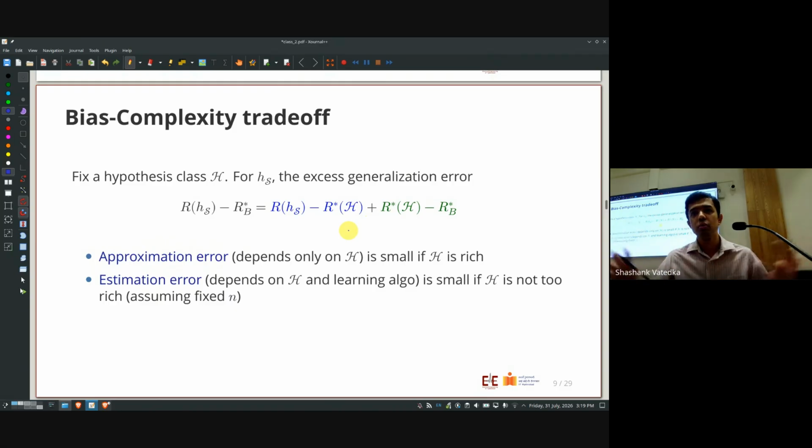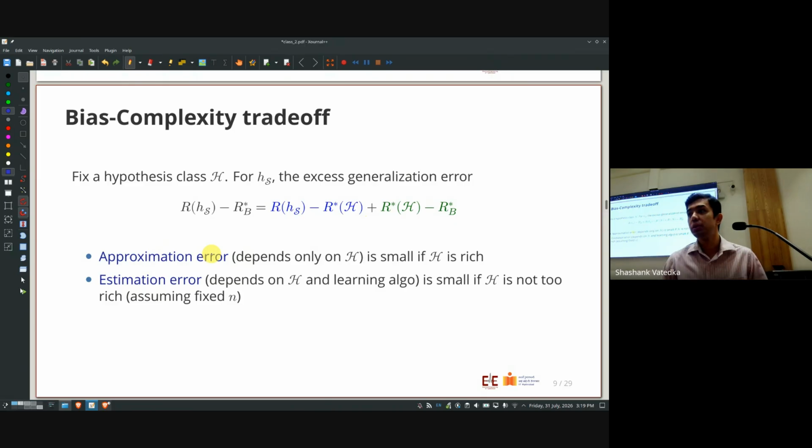So the whole goal behind machine learning is to delicately balance the approximation error and the estimation error. How do you choose a nice enough H that is easy to learn, but at the same time approximates the ground truth well enough? Right? And there are different ways of making the approximation error small.